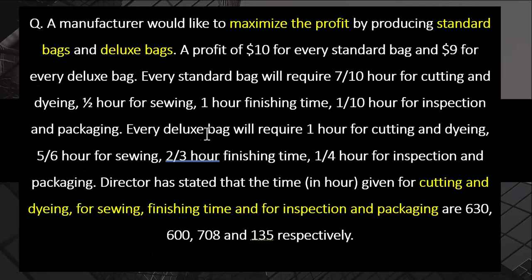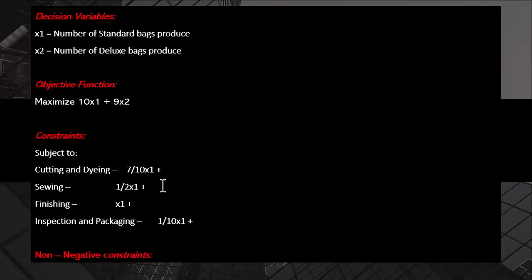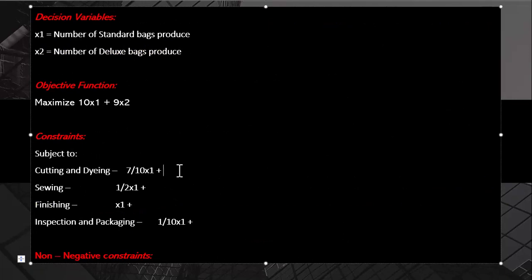Now, for the deluxe bag, it says 1 hour for cutting and dyeing, 5 over 6 hour for sewing, 2 over 3 hour for finishing time, and 1 over 4 hour for inspection and packaging. So further we can write here x2 as 1 hour, 5 over 6 x2, and here 2 over 3 x2, and 1 over 4 x2.